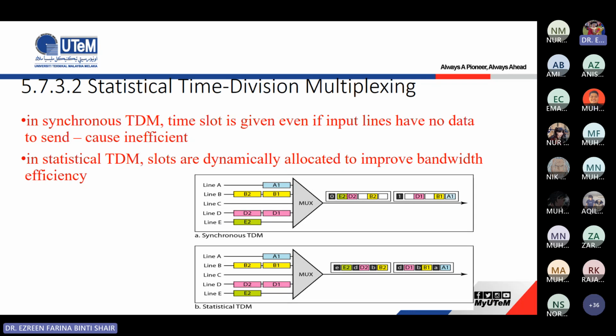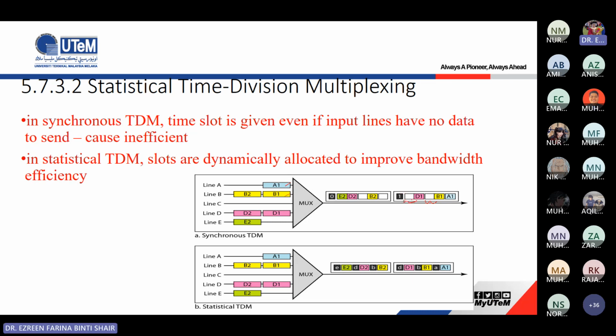At the output, the first frame will take 1 bit from each of channels A, B, C, D, and E. So for the first frame, you have A1, B1, and then for channel C you don't have anything, but still for synchronous TDM you will have a time slot, even though you don't have any data. And then you have D1, and then a blank slot like this.